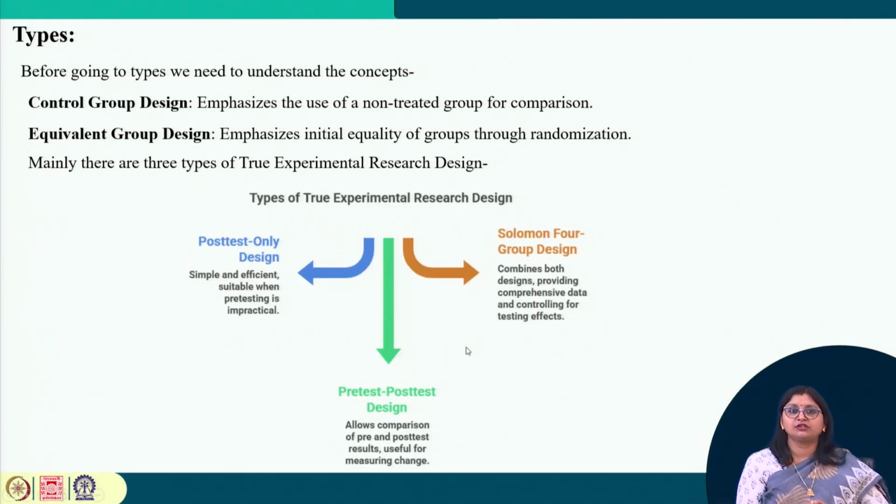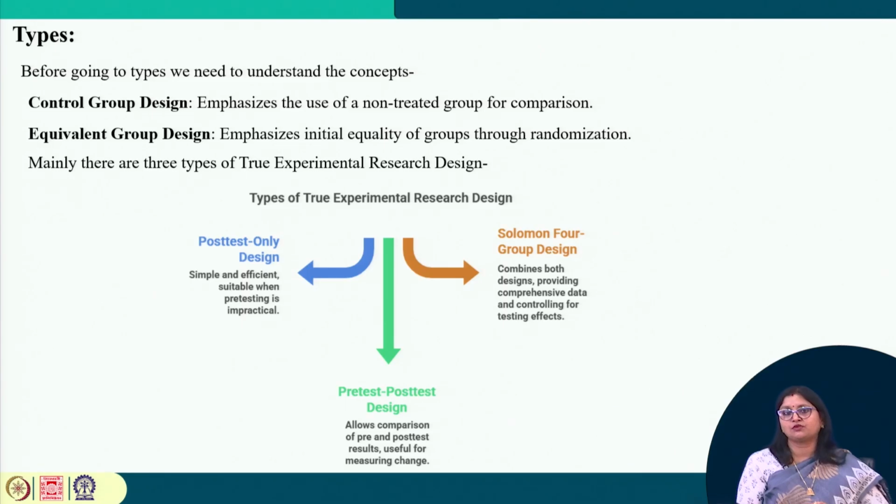So, mainly there are three types of true experimental designs. In the characteristics, we have seen manipulation, control and randomization. Here the true experimental research designs are the pre-test only design, post-test only design, pre-test post-test design, and the Solomon four-group design.